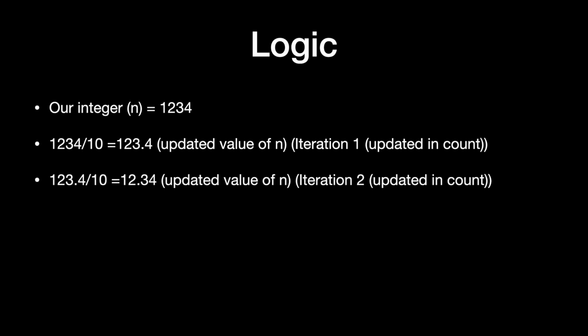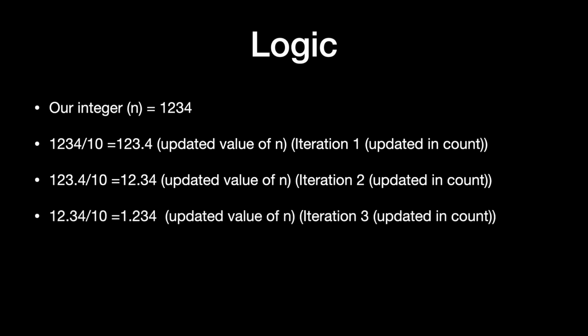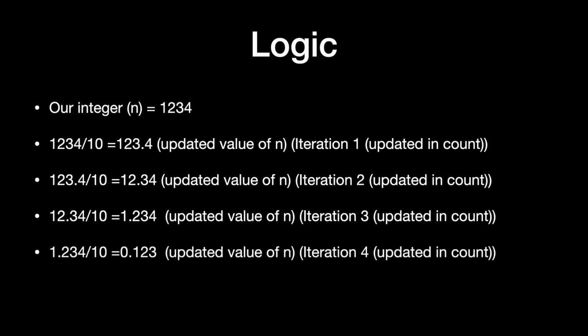Next, moving on to our second iteration, we repeat the same process. That will be 12.34, so n becomes 12, and the second iteration is updated in the count variable. Again we do it, it will be 1.234, so n becomes 1, and the new iteration is updated in the count variable. Lastly, we divide again and get 0.1234, which is basically 0.